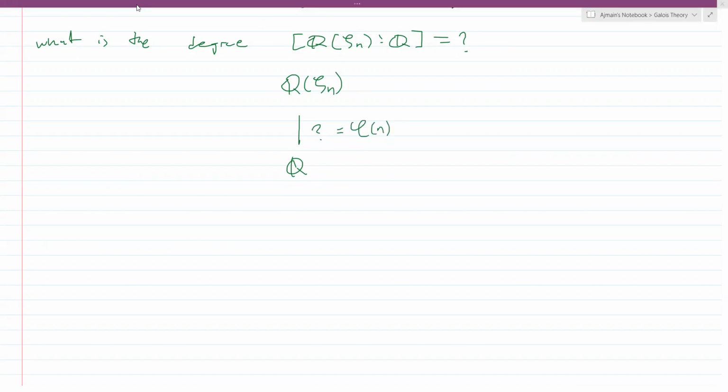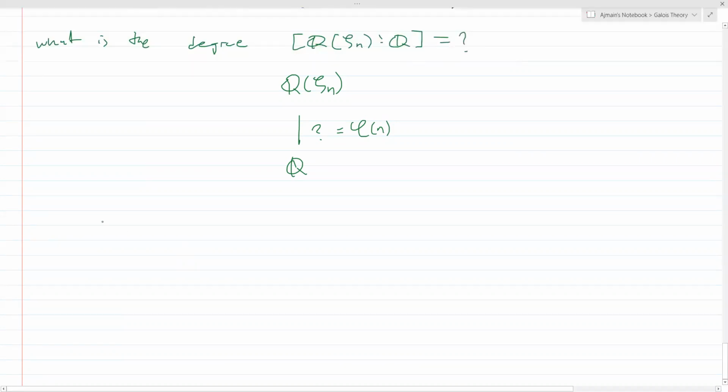Well, basically, the minimal polynomial of this primitive nth root of unity is actually the nth cyclotomic polynomial. Why? Because it's a root of the nth cyclotomic polynomial. By definition, all of the primitive nth roots of unity are roots of the nth cyclotomic polynomial. And we just showed that it's irreducible.